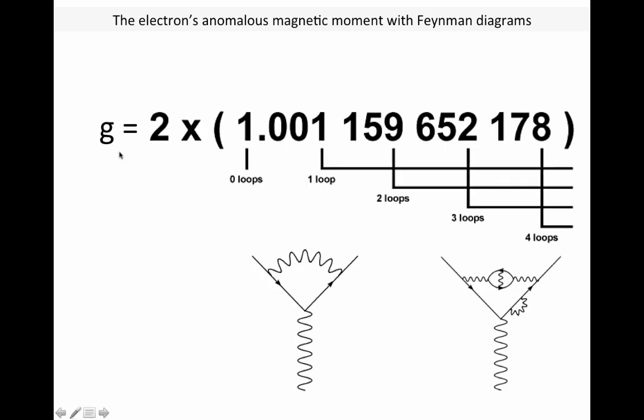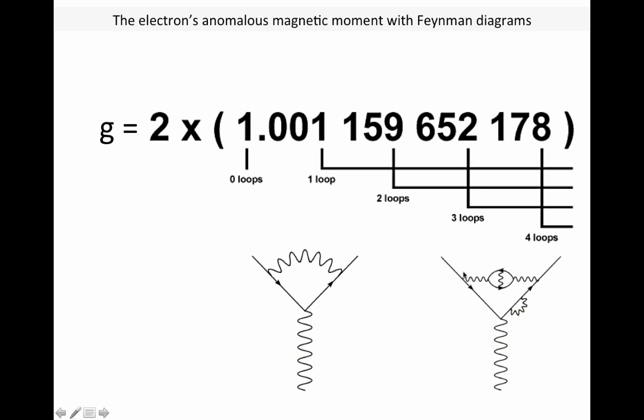Now, the magnetic moment of the electron, if you calculate it, is equal to 2 times this number here, which is close to 1. Ordinary, regular quantum mechanics predicts that it is exactly equal to 1. But quantum field theory says no, because there are all these other processes, there are all these other ways that the electron can scatter and interact with a magnetic field, right?